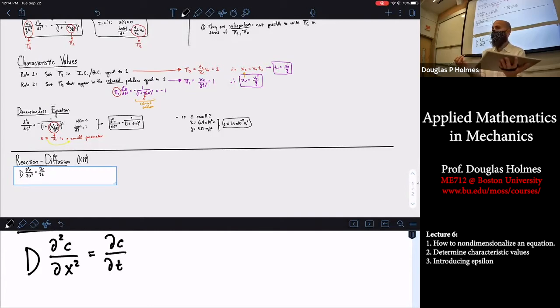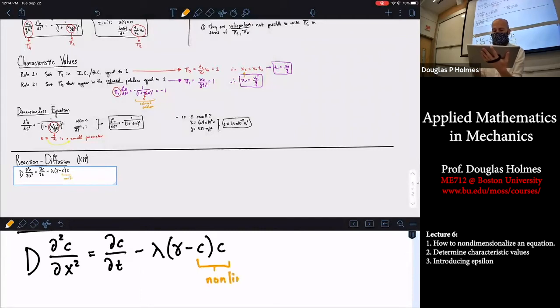So we've got the diffusion equation, all good so far, minus lambda times (gamma minus c) times c. So this equation is nonlinear due to the appearance of that c squared term that comes from this additional term here.